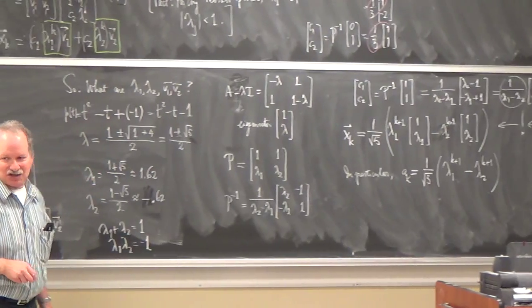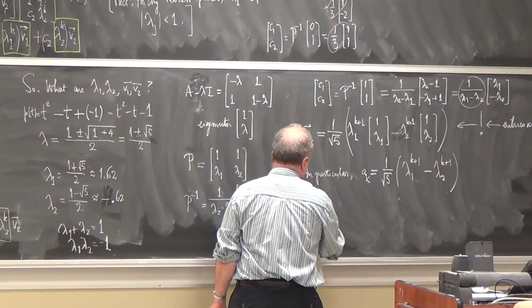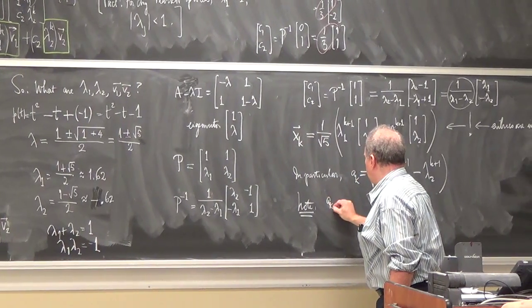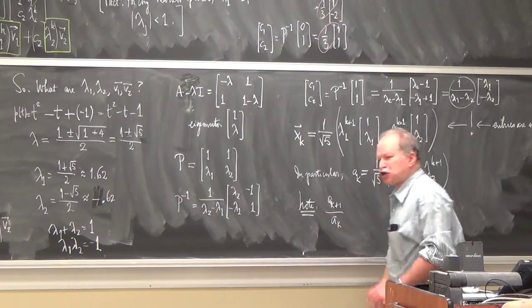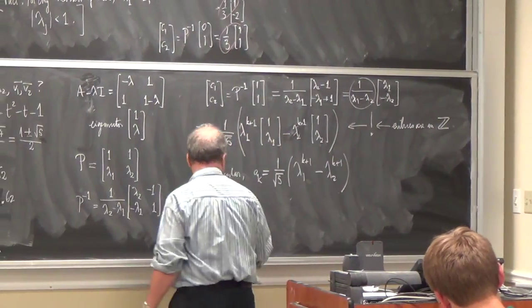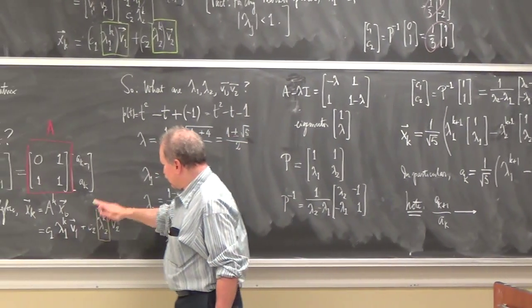So there's Fibonacci. And moreover, a(k+1) over a(k), the ratio of consecutive ones, we said in the limit, this goes to 0.